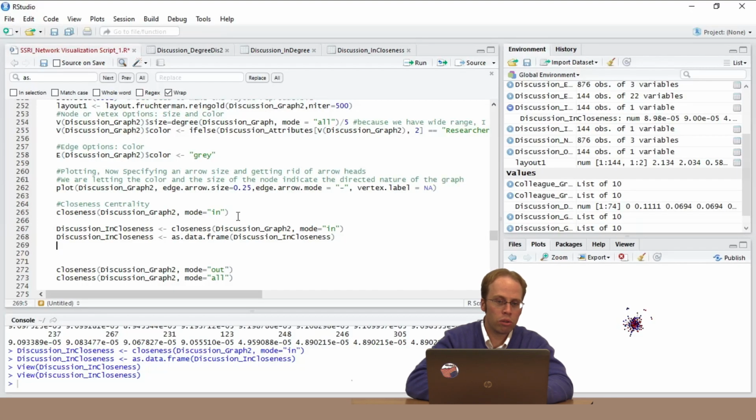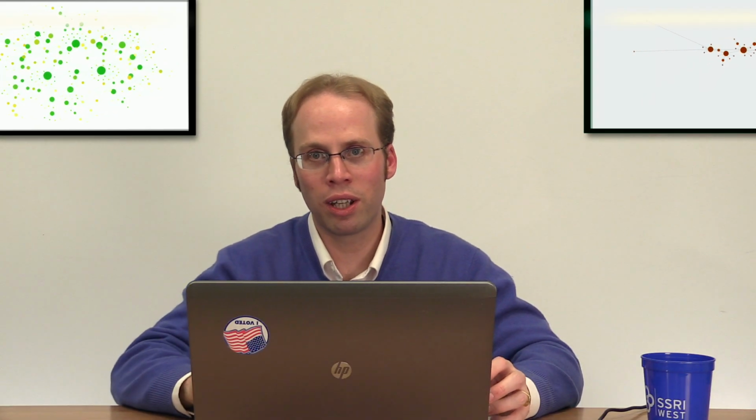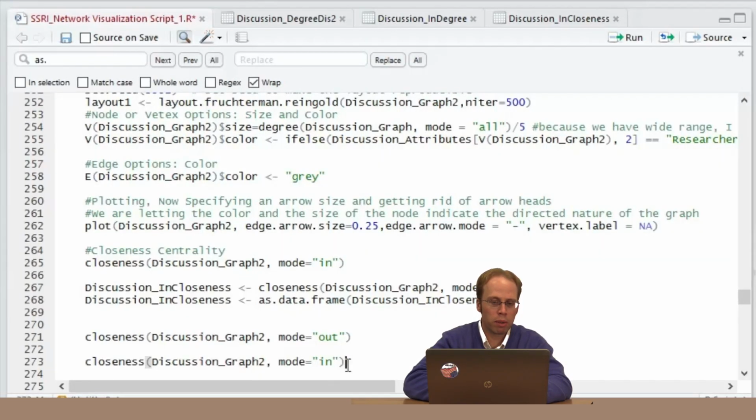All right, let's do out just to see, because we can do in terms of both, and because the out degree centrality people are sort of interesting people. So this is in terms of the ties that people are sending out again. My guess is there might actually be a little bit more variation here, but we shall see. Again, we're copying the same trick. We're making it into a data object.